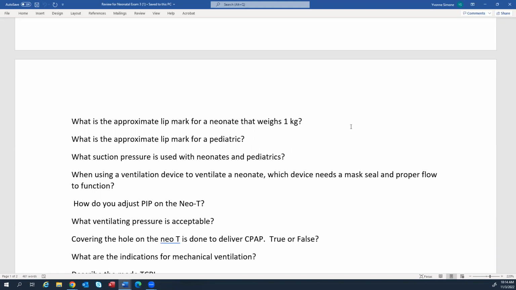The next question is, what ventilating pressure is acceptable? I gave you a range of acceptable pressures as 18 to 20 centimeters of water. And I also told you we want to make sure that pressures stay below 25 centimeters of water.